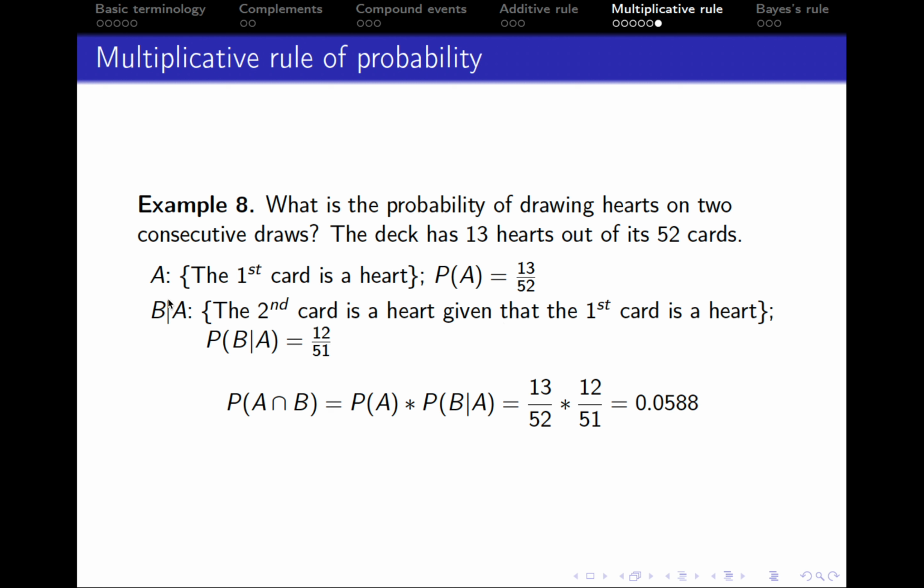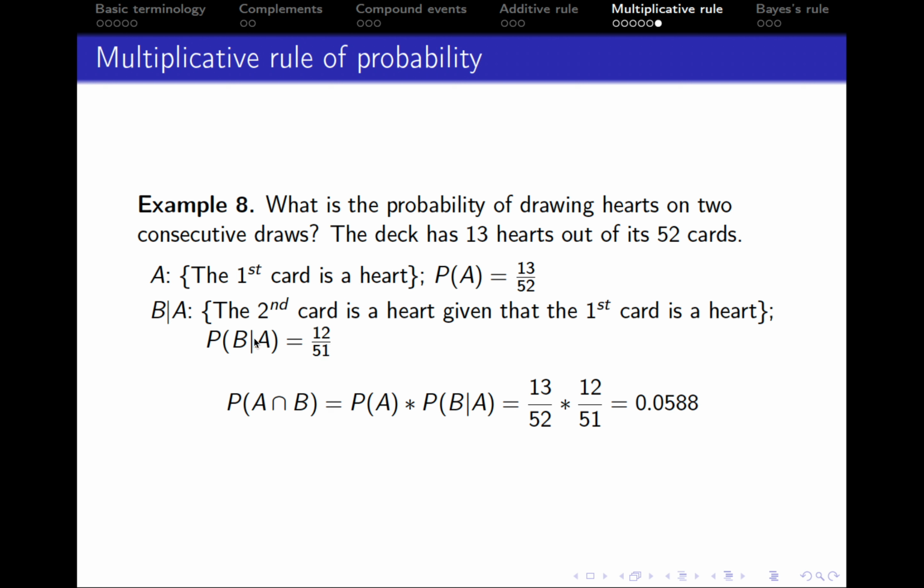And now we need the conditional probability that the second card is also a heart, given that the first card is a heart. To calculate this probability, we need to keep in mind that one heart is already out. So we have 12 hearts left, and we divide by 51 because one card is already out, so we have 51 cards left.